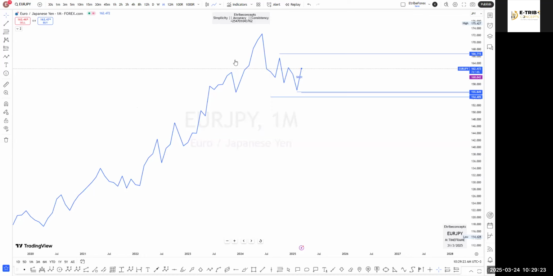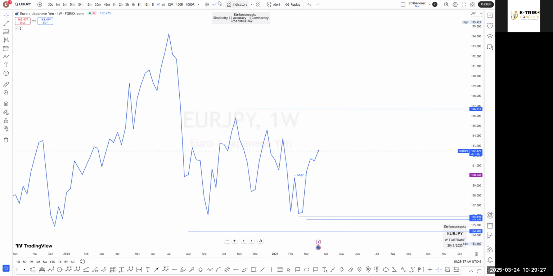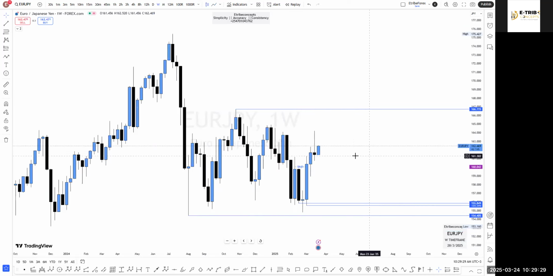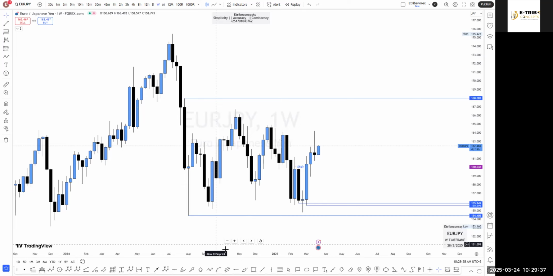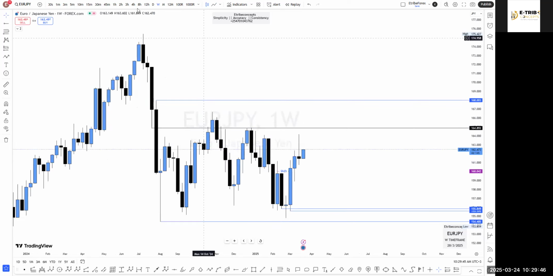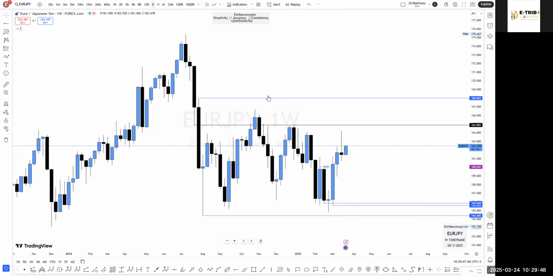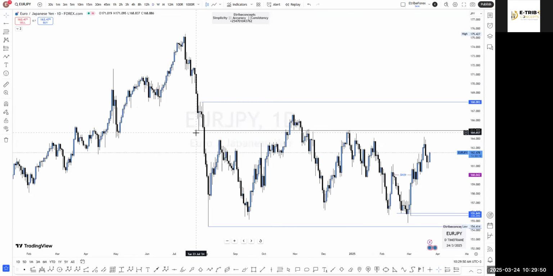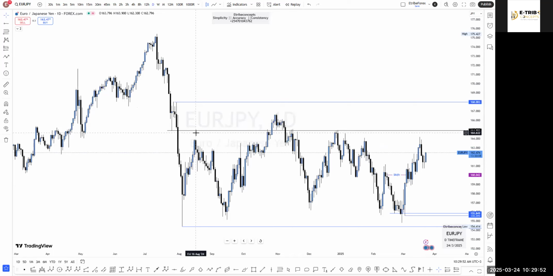Okay, on Euro JPY, the same scenario. We have a weak overlap here, and we have this weak overlap. That's on the weekly chart as a zone of consideration.